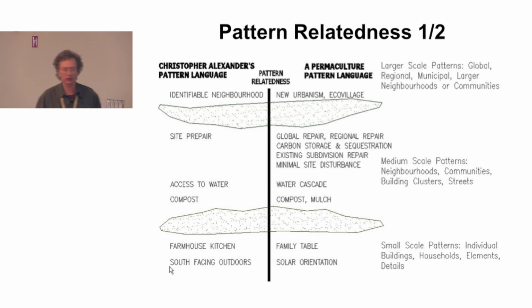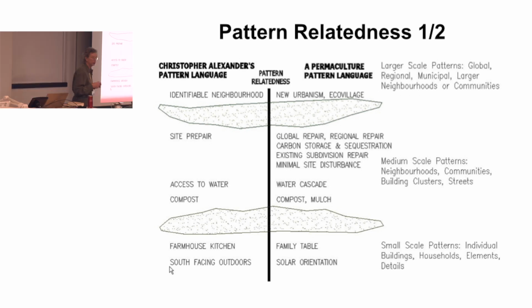I also want to spend a little bit more time then comparing the patterns from one language to another. Alexander talks about site repair, but in that context, site repair is just not building on green fields if you have the option to build on a brown field. So he's saying, don't build in a beautiful place, save that beautiful place for later, and just build in a place that's already been disturbed.